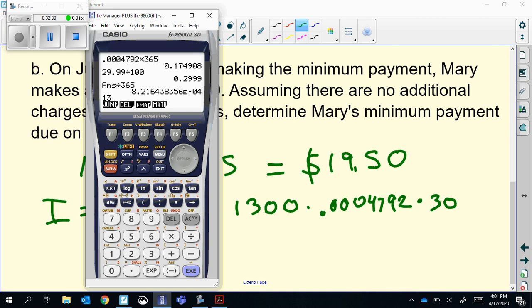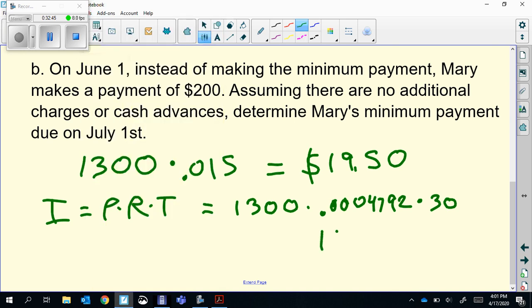We're just multiplying out this 1,300 times our daily interest rate times 30. So that's $18.69 in interest, and they're going to tack that on to what you would have to pay towards your principal, interest plus principal.